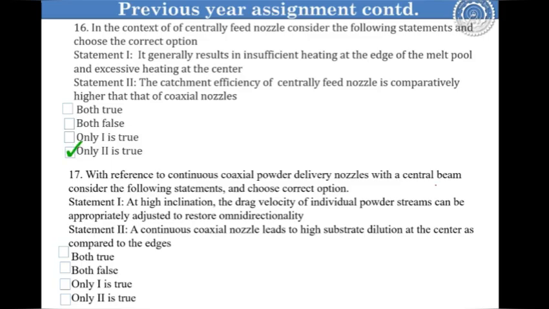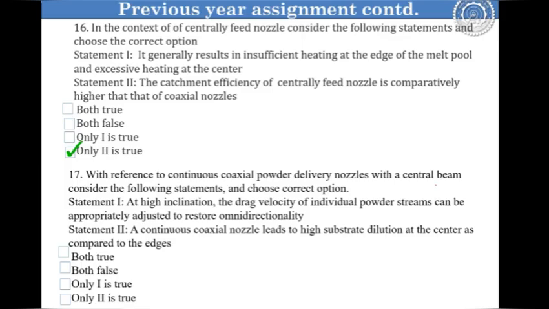Only two is true, that the catchment efficiency of centrally fed nozzle is comparatively higher than the coaxial nozzle, but it generally results in insufficient heating at the edge of the melt pool is not correct. It's a well-known technique of centrally fed nozzle system, so it's wrong.